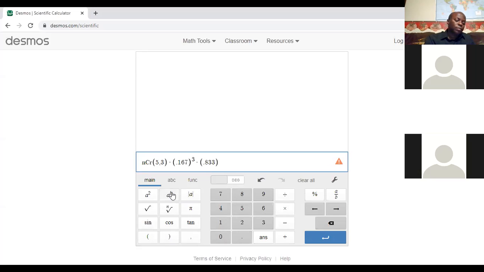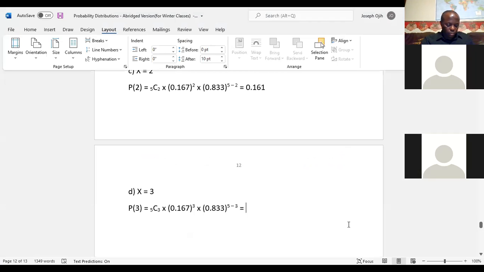That gives me 0.032. I hope you guys printed that table I said to download and print. Hope you did. Class? Yes. Good.